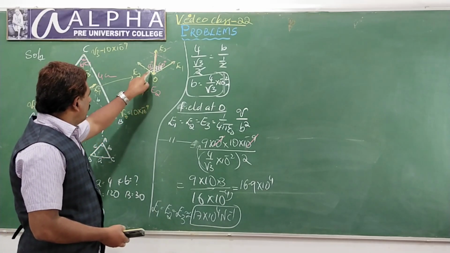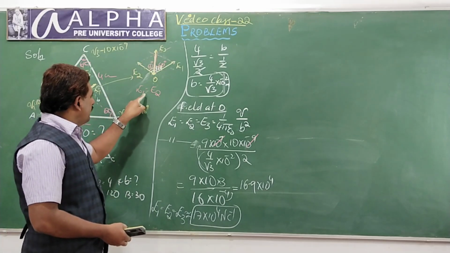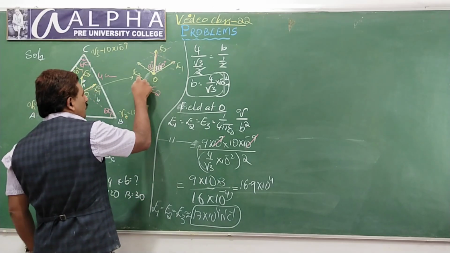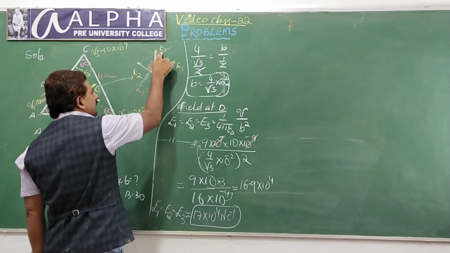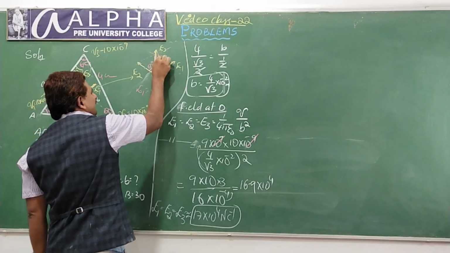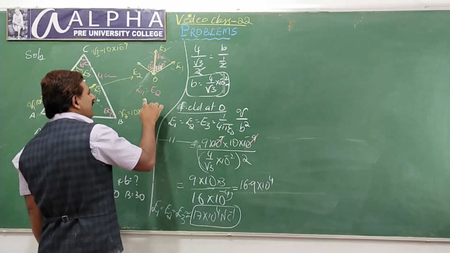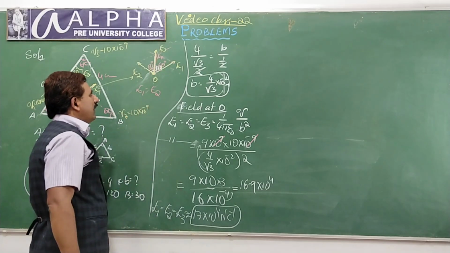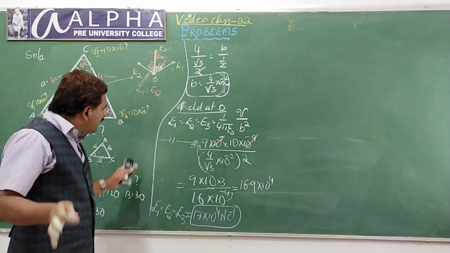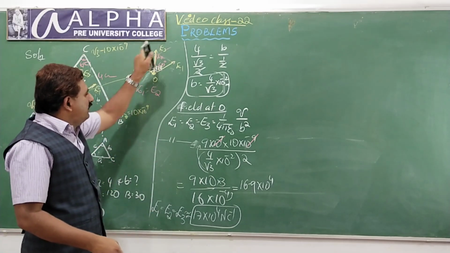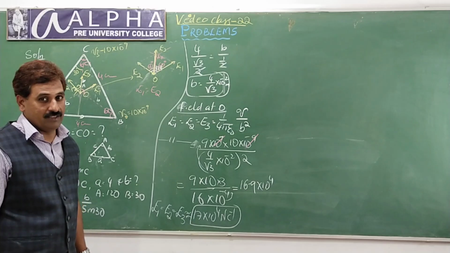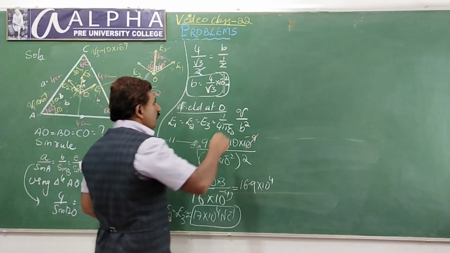So both the resultant of E1 and E2, and E3 are in the same direction. Let us call this ER. What is ER? Resultant of E1, E2. They are in the same direction. Final resultant is the sum of these two. Addition case, right?